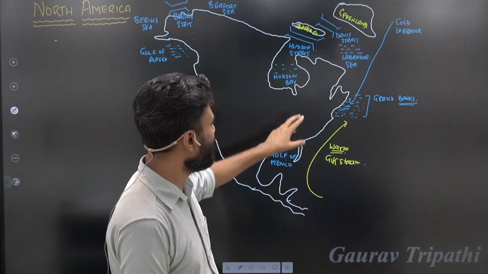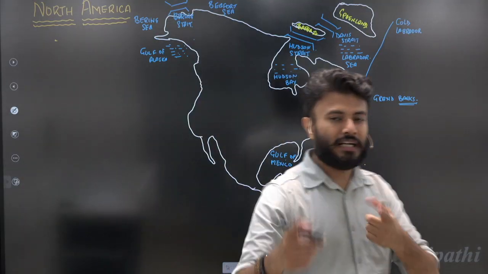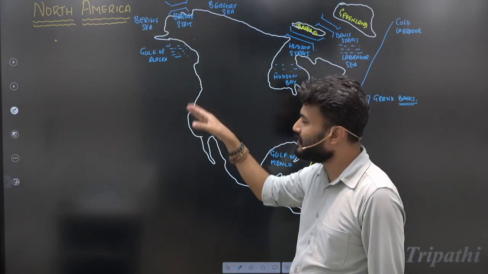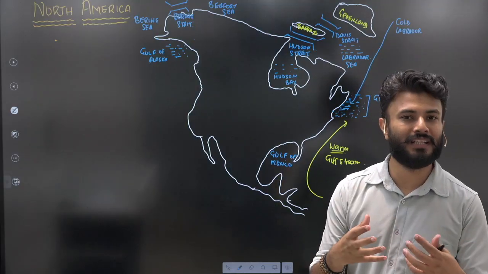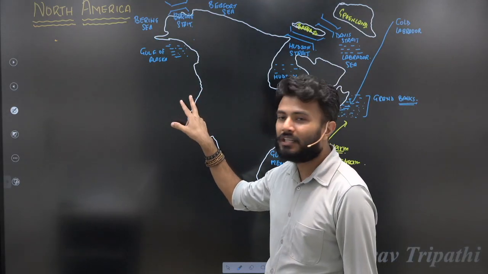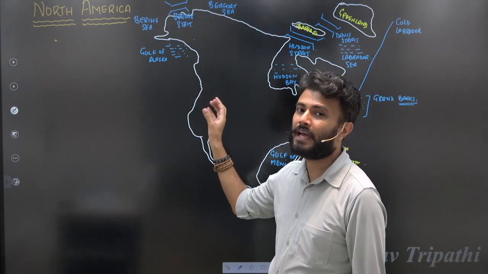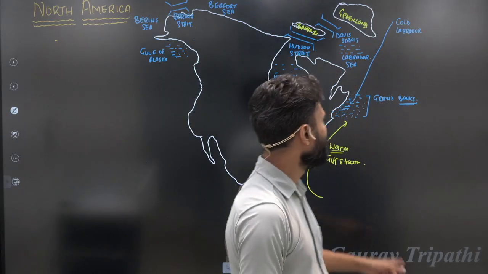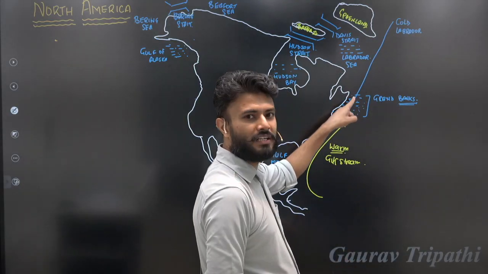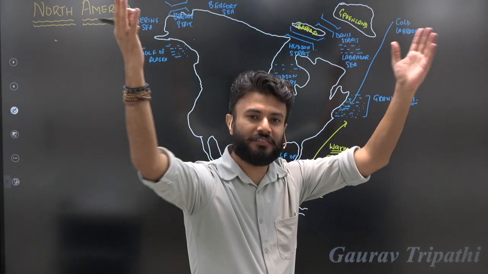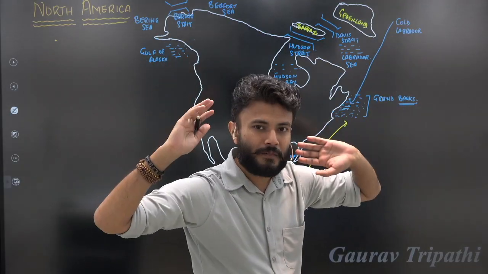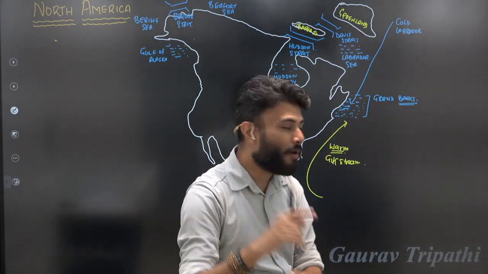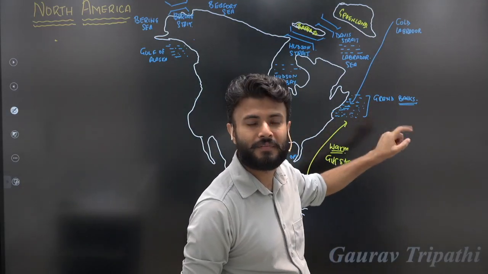So if you can correlate this with the concept, in the previous map we saw that because the western section has tectonic activity, the continental shelves are very narrow. They do not have width, they are not extensive. On the other hand, when we see the continental shelves in these areas, they are very extensive, very broad, very wide. Okay, so those extensive continental shelf areas form extensive Grand Banks in this region.